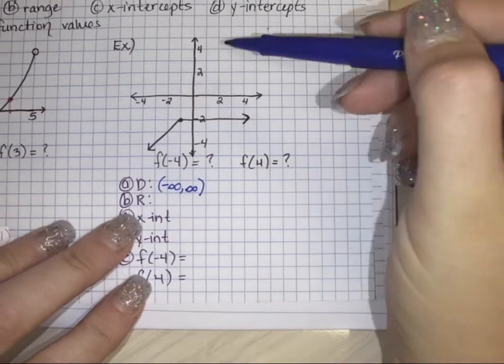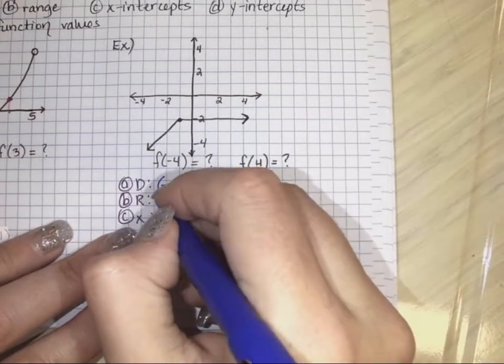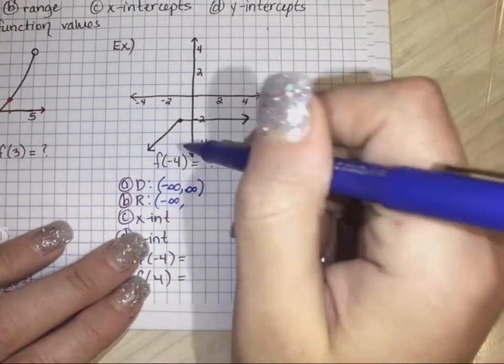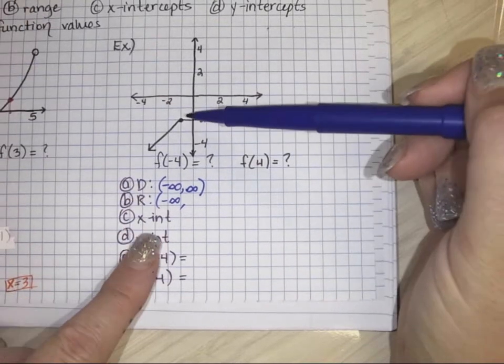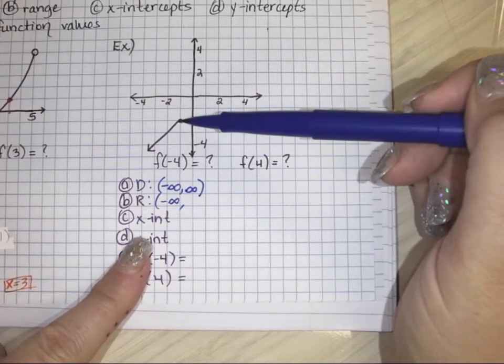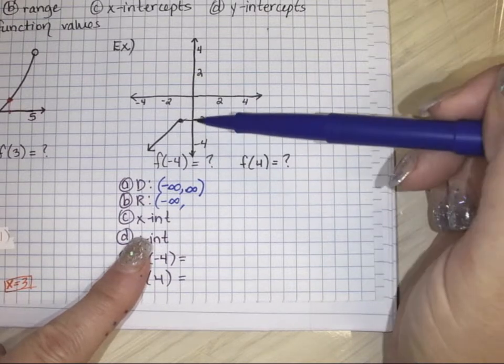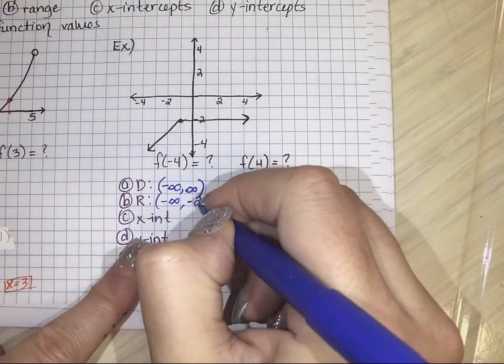Your range, how far down does your graph go? It's going down forever. How far up does it go? Notice that in relation to the y-axis, it's going down forever. And then it comes up, but it caps off at -2. Doesn't go up further than that, so -2.